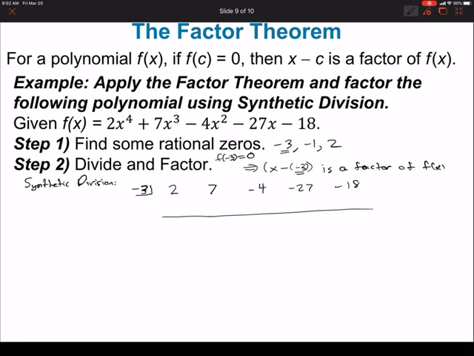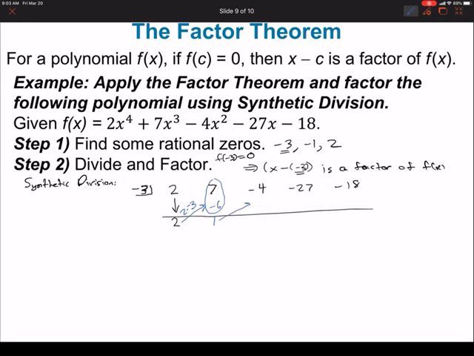So let's go ahead and add. Within the columns, we add up the numbers. 2 plus 0 is just 2. And when we bring up diagonally, we multiply by -3. So what's 2 times -3? That's -6. And 7 plus -6 is 1.